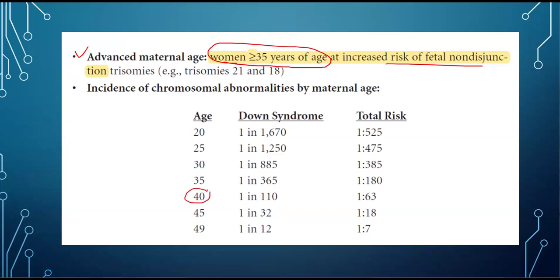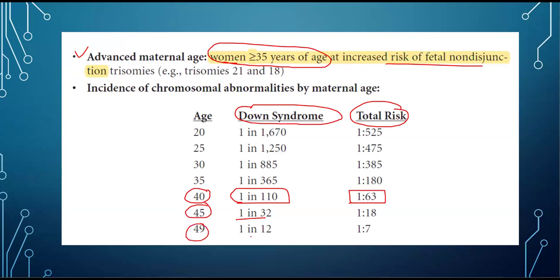So a woman who is 40 years old has a risk of a Down syndrome baby of 1 in 110, while the total risk of having a chromosomal abnormality baby is 1 in 63. So 1 in 110 is really high, right?